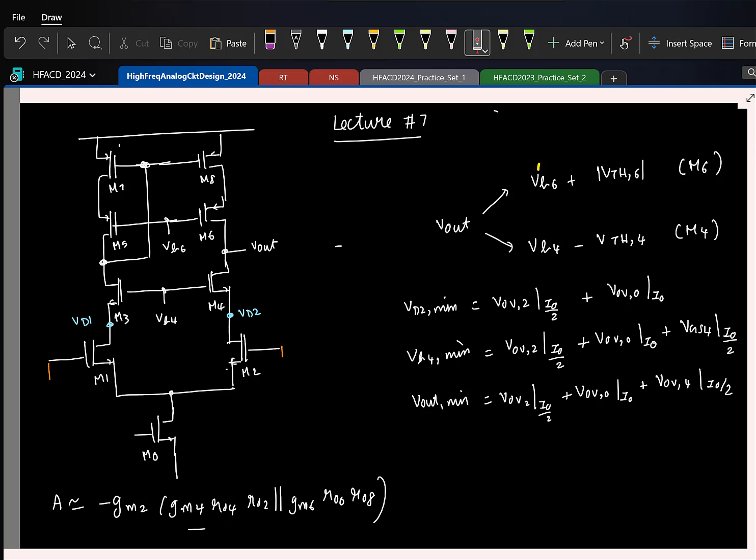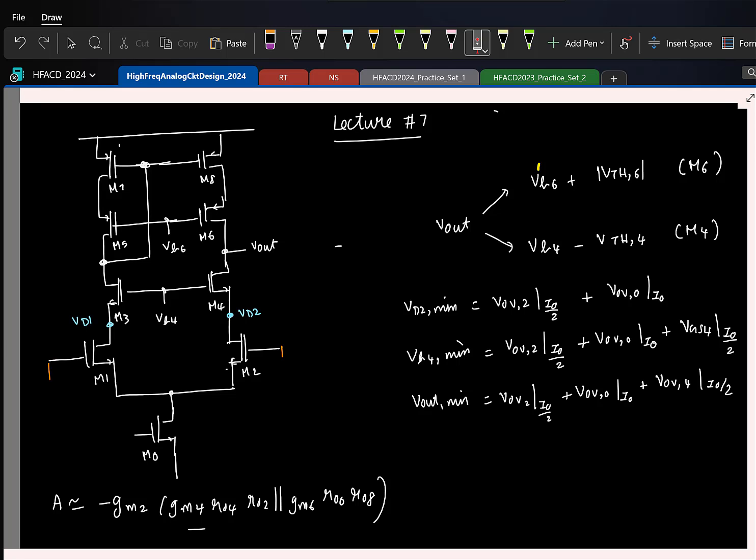The important point to notice is that this output can reach this minimum voltage only as long as you apply the appropriate gate voltage here. Only if you apply this VB4 minimum at the gate can the output reach this minimum, because at the minimum side we are constrained by this gate voltage. That is something to remember.